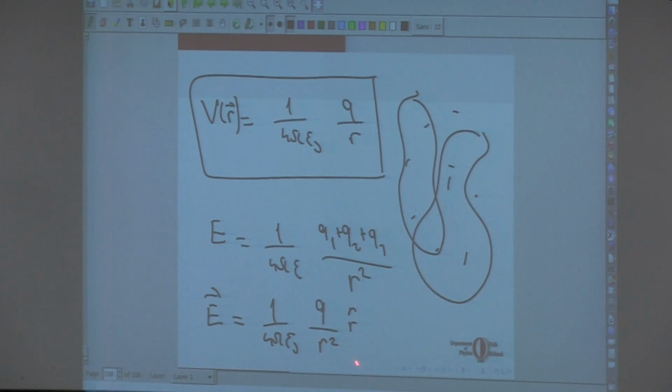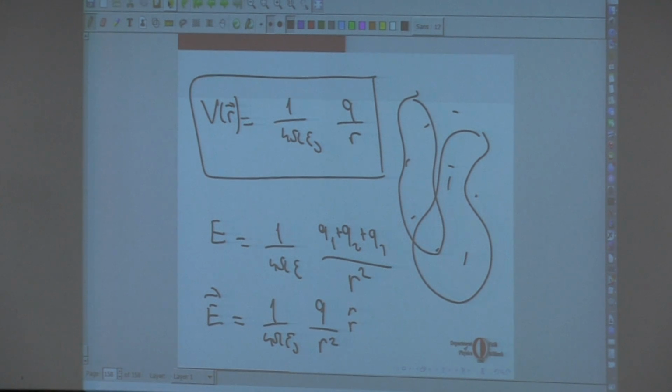This r below just represents the distance between these 2 points, with nothing to do with your coordinate axis. And this r hat is a vector pointing from your charge to your observation point, a vector with unit length. Plus, it has a direction, so the electric field has a direction.